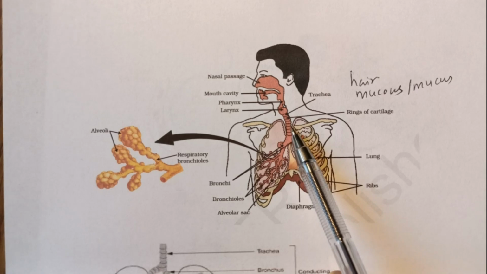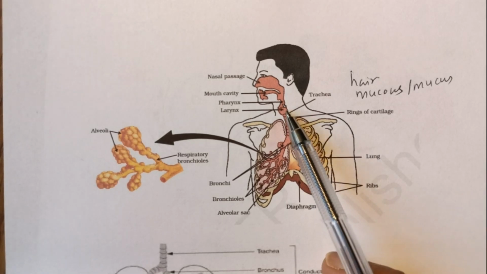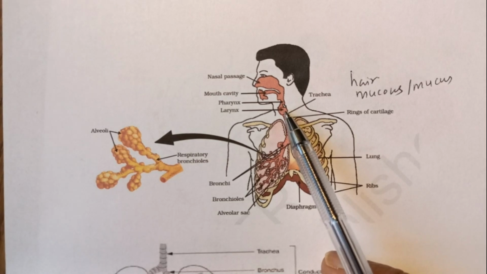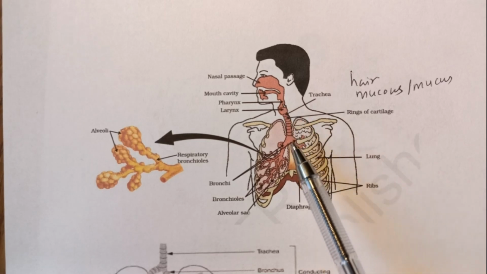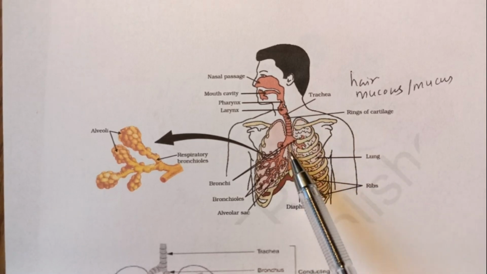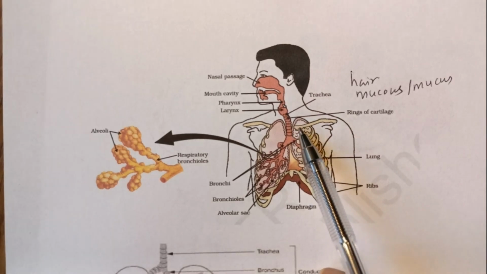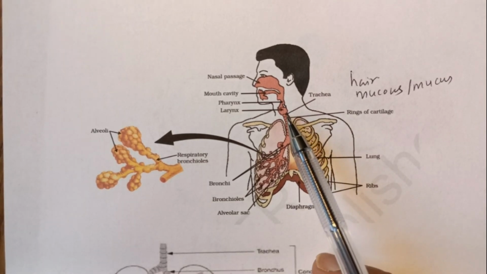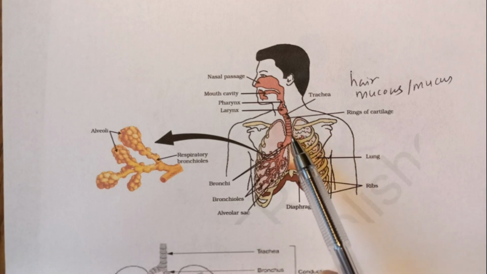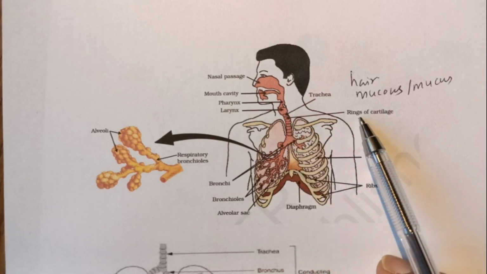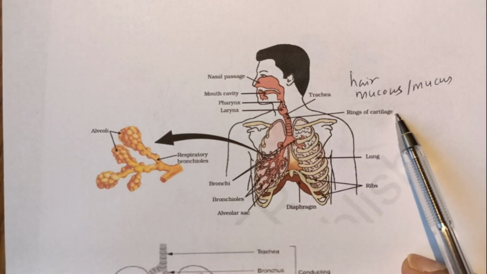What is the trachea? It is the tube, the passage that carries air between the pharynx and larynx on one side and the lungs on the other side. And what does the trachea contain? From inside, it is lined by a delicate mucous membrane, and then it is surrounded by rings of cartilage.